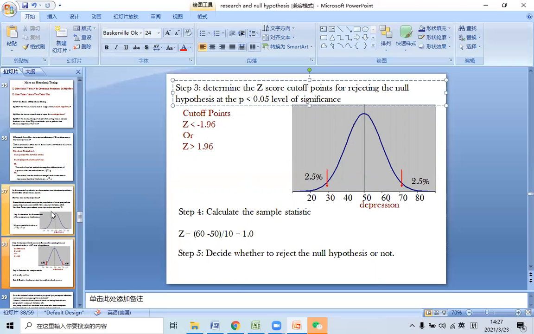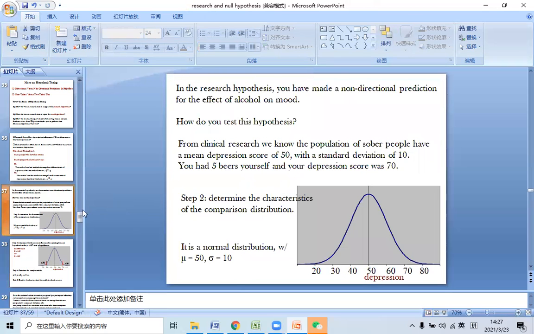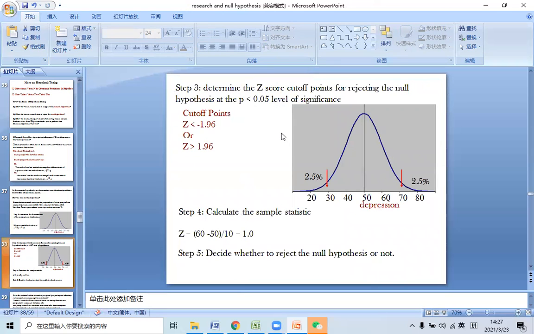That means that if my score 70 has a smaller probability than 0.05 to occur, then I'm going to reject the null hypothesis. The p-value is smaller than 0.05.